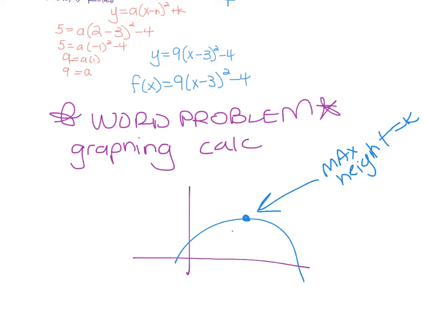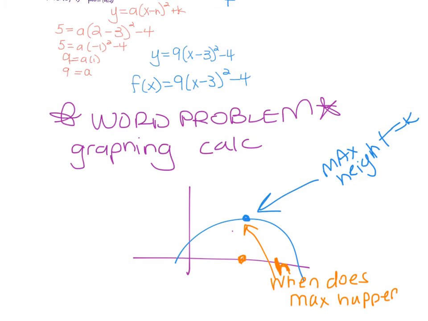If it asks, when does that max happen, or min happen? Now I'm looking for the x coordinate of my max. So this would be the h, or the x coordinate of my max. So what is the max is going to be the k. When does it happen is the x.